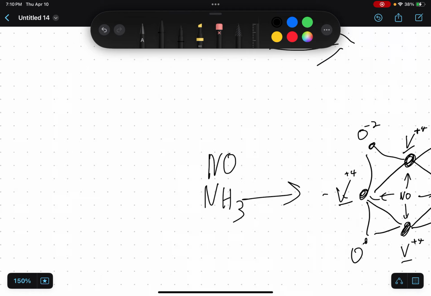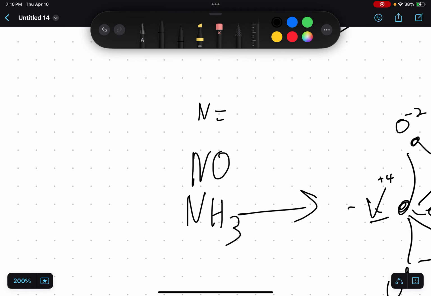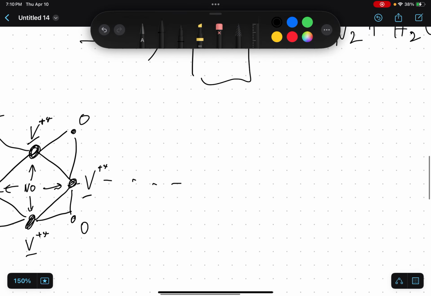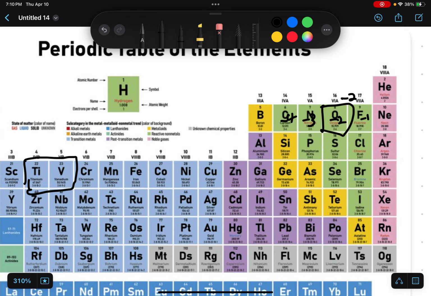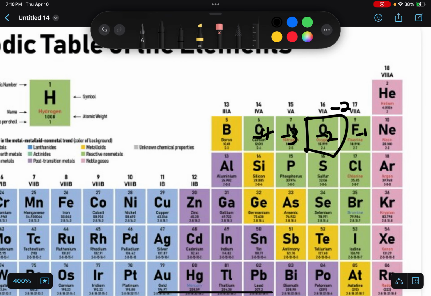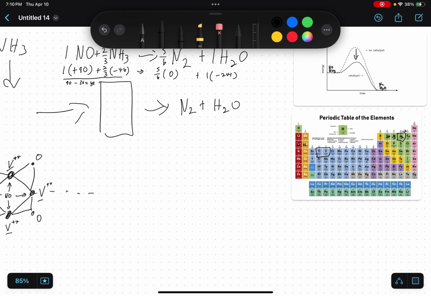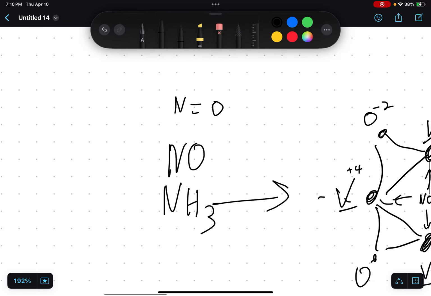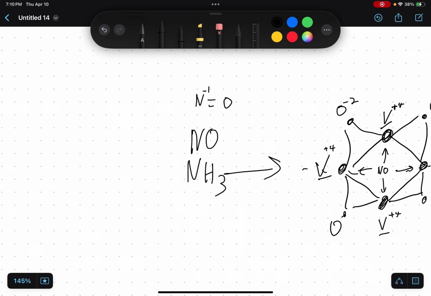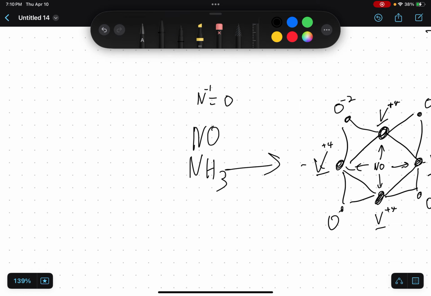So what's actually going on here? NO, you have N, I think it's double bonded to O. Well, technically, it'd be like an N-1 or something. NH3 is better.